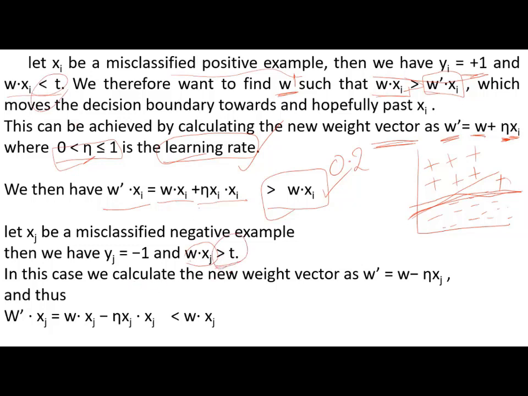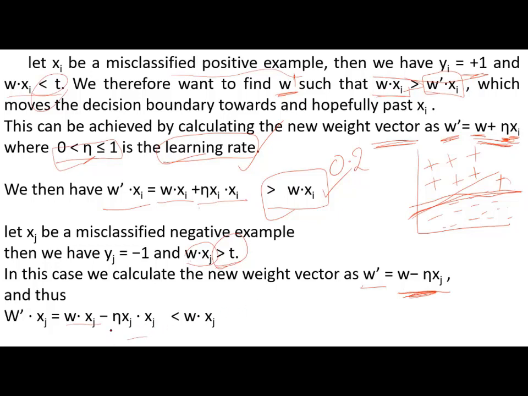In this case, we calculate the new weight vector as W' is equal to W minus η xj. Earlier, W' is equal to W plus η xi. Now it is W minus η xj. So clearly, W' xj is equal to W xj minus η xj into xj.